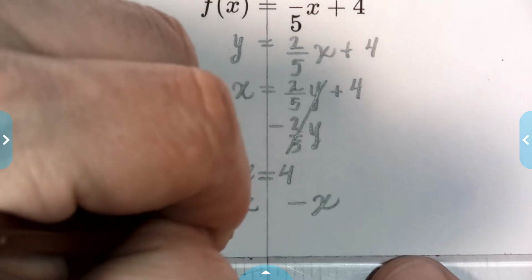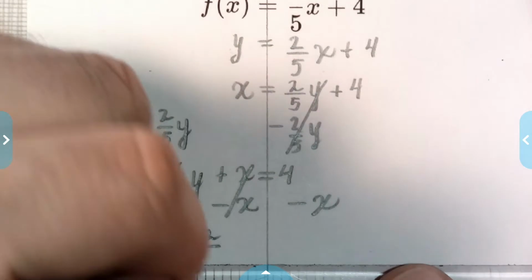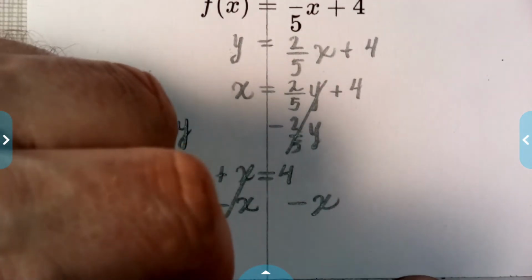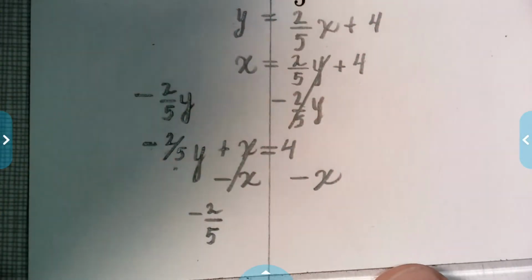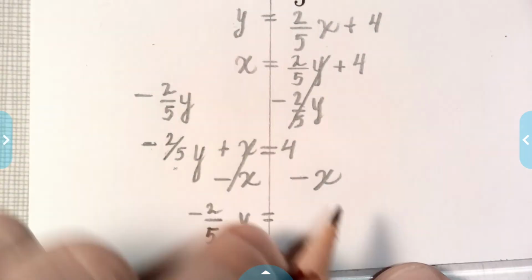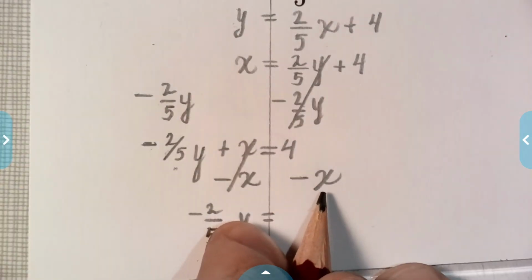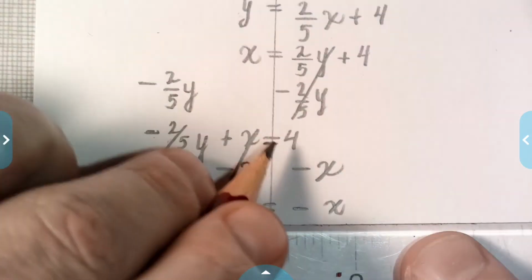Because I know what I'm going to do next, I'm going to have to multiply by the reciprocal of negative 2/5, so I'll put it in that horizontal line fraction format. Negative 2/5 y equals, and remember, lead with the x, negative x plus 4.